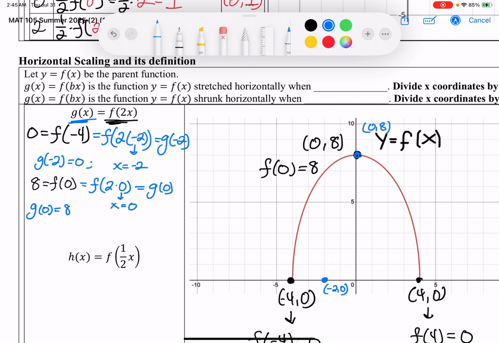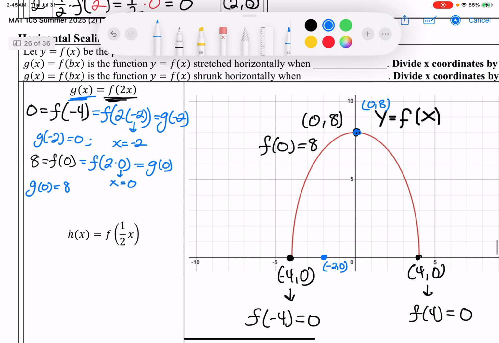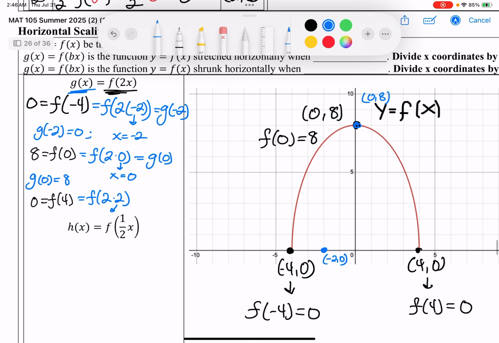And then we can follow the same pattern for the last one. f of 4 is 0. So 0 equals f of 4. But then we can rewrite that as f of 2 times 2, because we know 2 times 2 is 4. And notice here, we have it in the form of f of 2x. x is 2 in this case. f of 2x is the same as g of x.